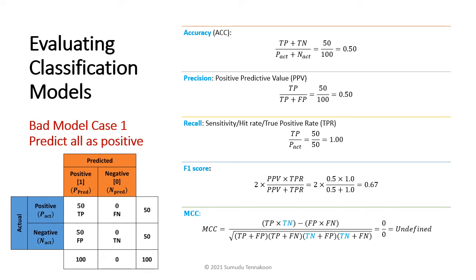Since all inputs are predicted as positive by the model, the accuracy becomes 0.5.